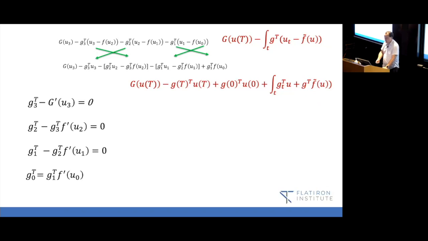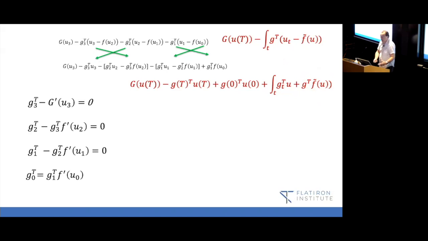That results in the final g at the final time times u at the final time, plus the values at the beginning time. The sign gets flipped here, and the derivative simply moves from the u to the lambda, and this term remains the same.